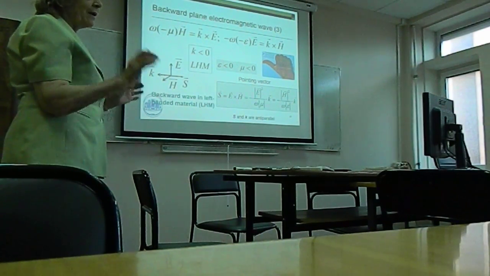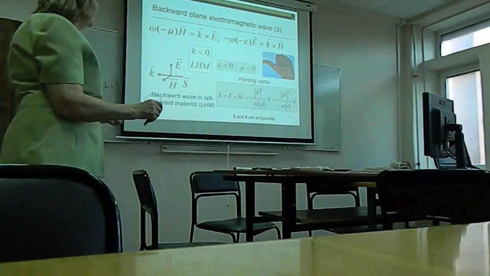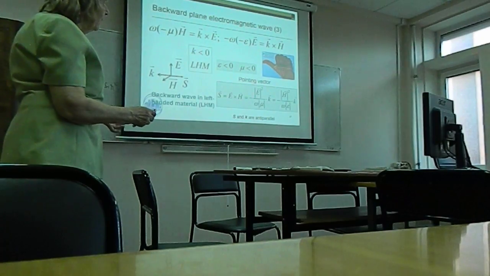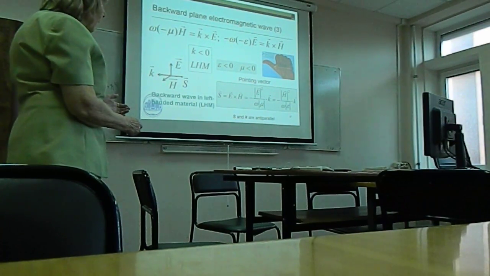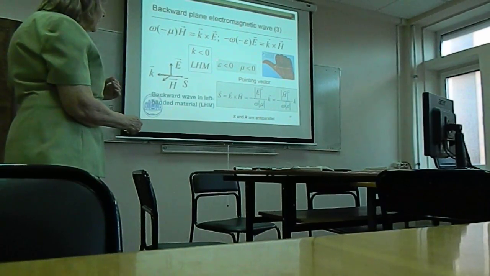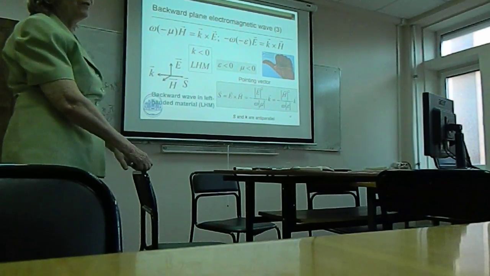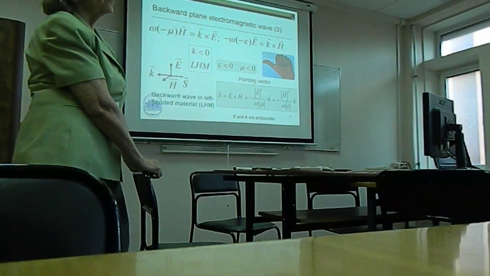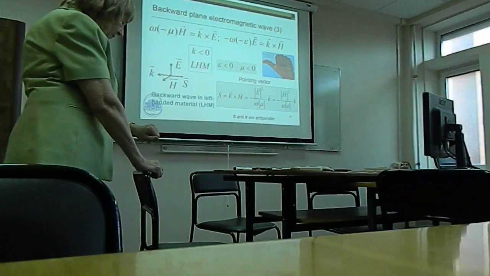So we have right-handed material, left-handed material, or backward wave, forward wave. There are different parameters, and they are defined by the signs of epsilon and mu. In the case of metamaterial, this artificial structure, we use effective parameters.